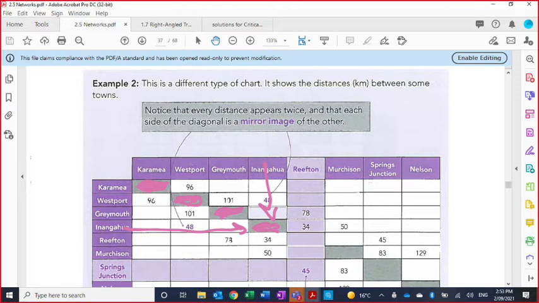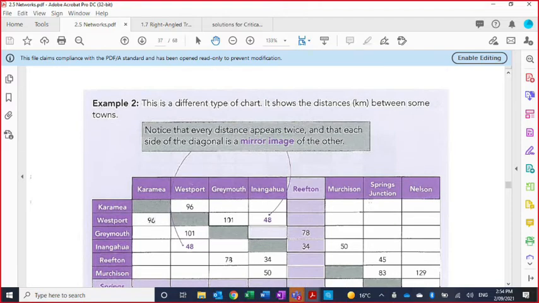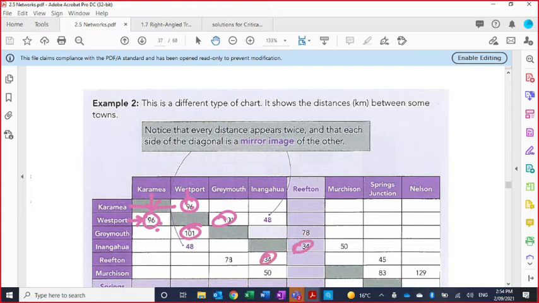You'll also notice that every bit of the table is a mirror image when it's done this way. For example, from Karamia to Westport, Westport's good, is 96. Well, here, Karamia to Westport, so every intersection occurs twice, and they're always right across from each other like this. So 101, 101, 34, 34, okay?